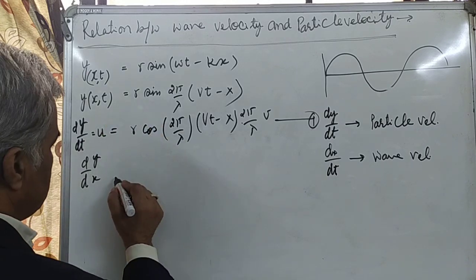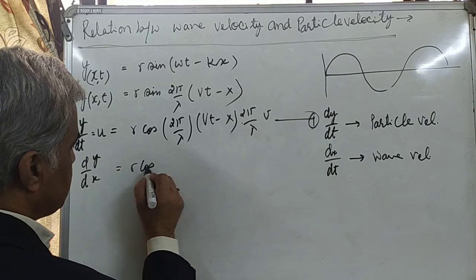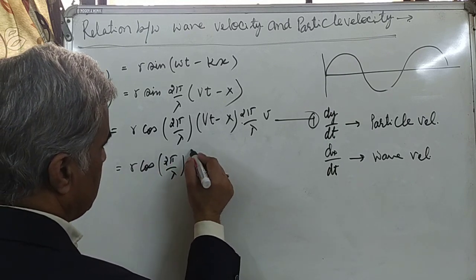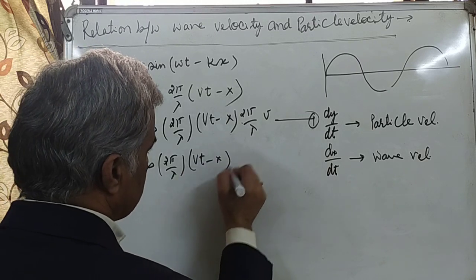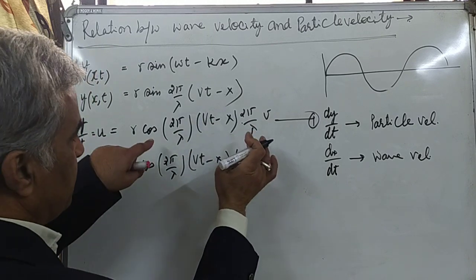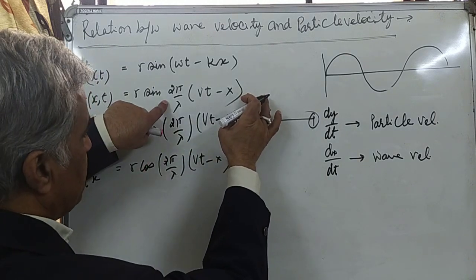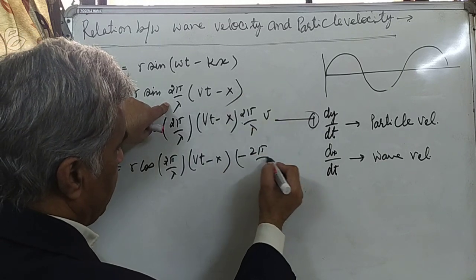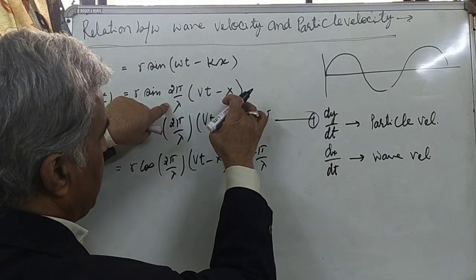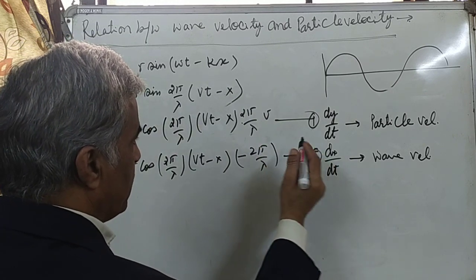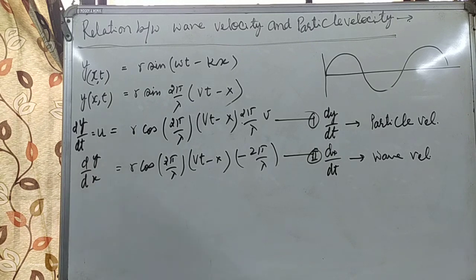So this is r cos 2 pi by lambda (vt minus x), and now differentiate this term with respect to x. So that will be 2 pi by lambda and minus 1 is minus. Equation number 2. Now equation 1 divided by equation 2.